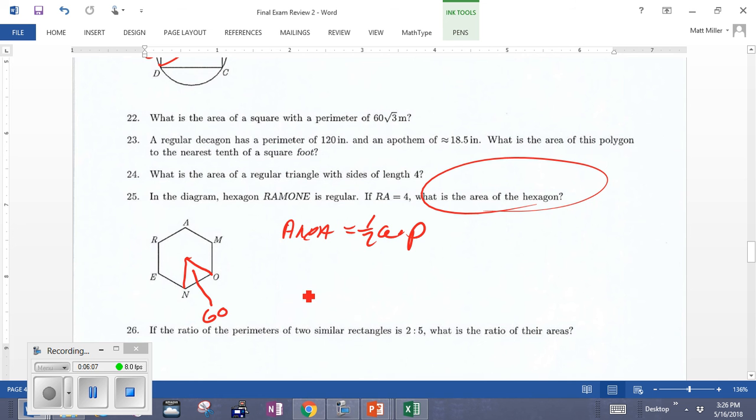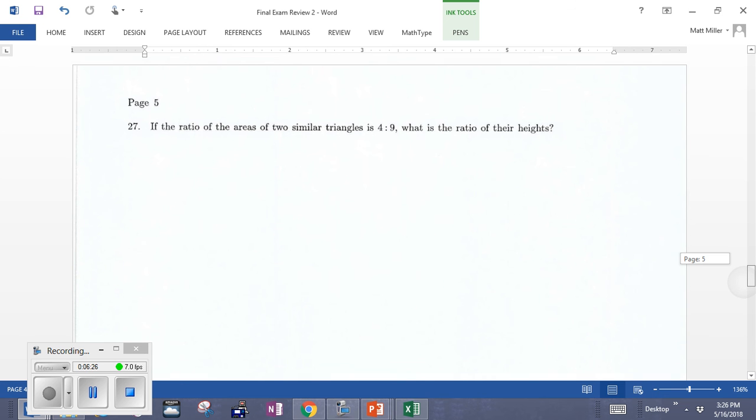Of course, we want to break that down and cut it in half so we can apply the 30, 60, 90 principle there and find the apothem. The perimeter is easy enough to find. Every side is 4. There's 6 sides, so the perimeter is 24. That should be no problem.